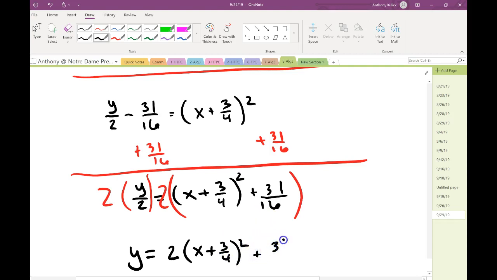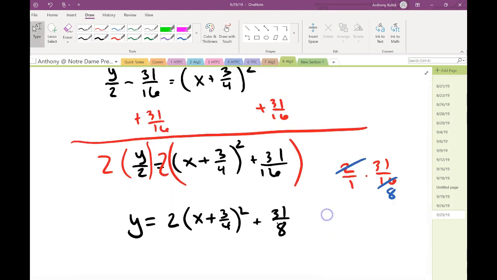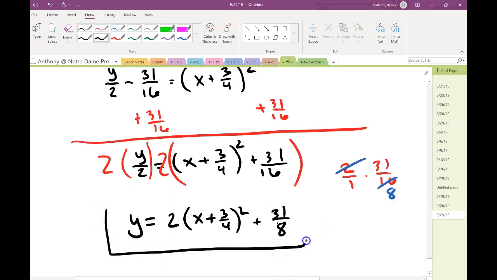And when I multiply the 2 to the 31 over 16, I get 31 over 8. Again, remember that 2 over 1 times 31 over 16, we can reduce as we multiply and just make that 31 over 8. Caden?